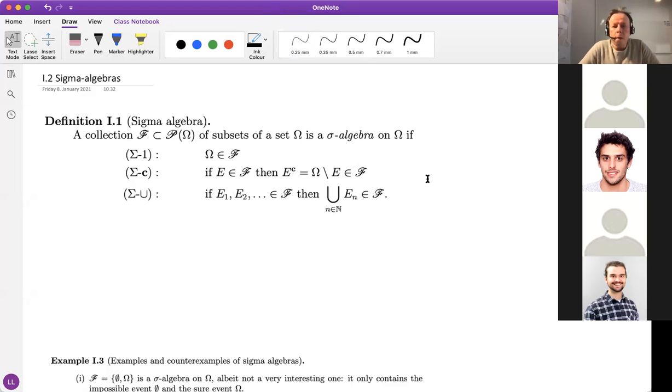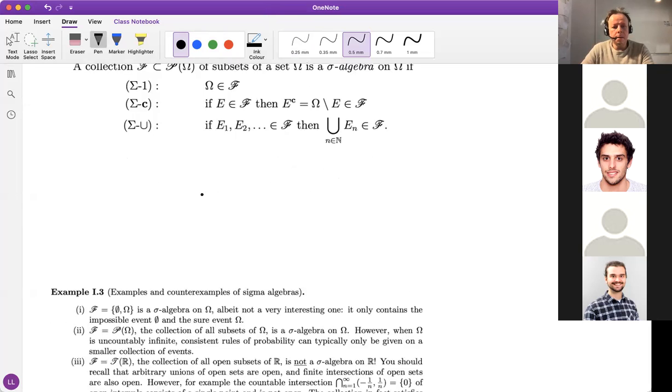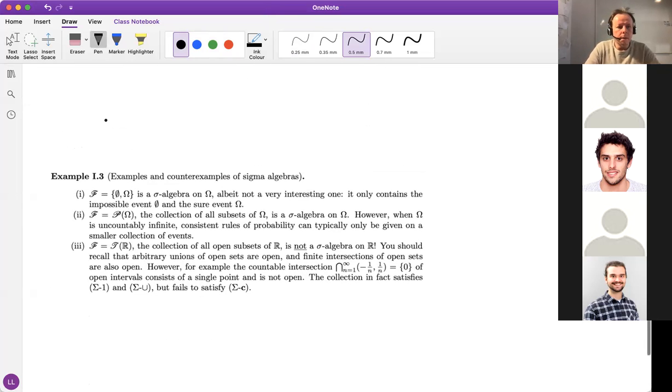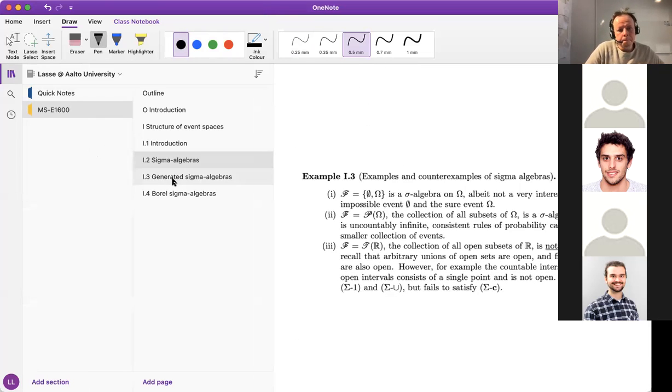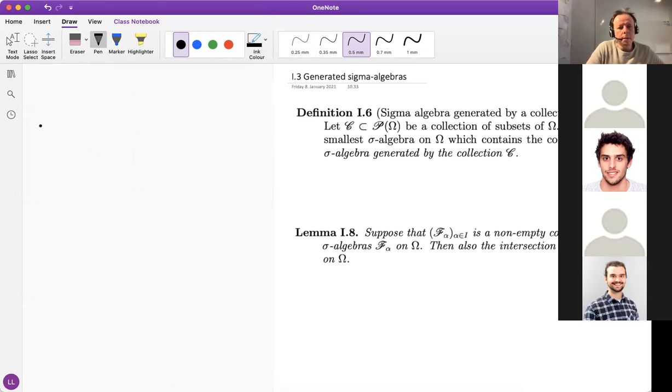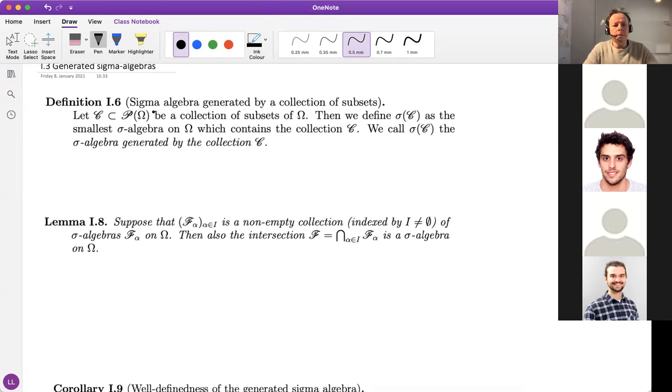I'm using Microsoft OneNote to write something. Can you see the notepad? Give me a yes if you can see it. Thanks. On the notepad, there's the definition of sigma-algebra, which is just taken from the lecture notes. And then the generated sigma-algebras is here. This was the definition that we just looked at.